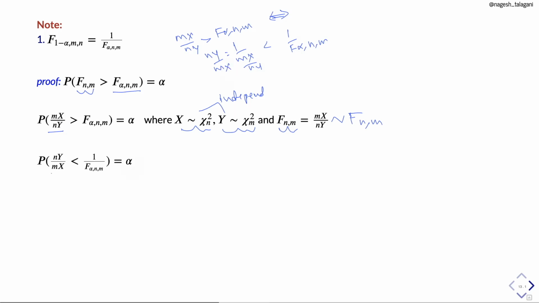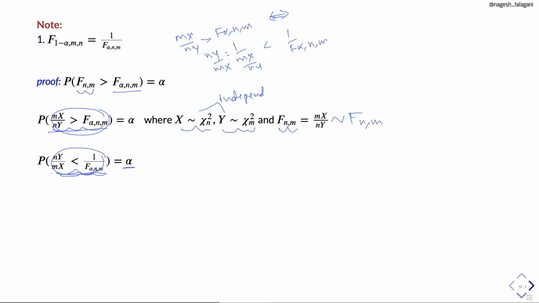Now I can write the probability of (nY)/(mX) less than 1 by F alpha n,m equal to alpha, because this is true if and only if this is true. So whenever this happens, this happens. That's why the probability of this event must be the same as the probability of this event.